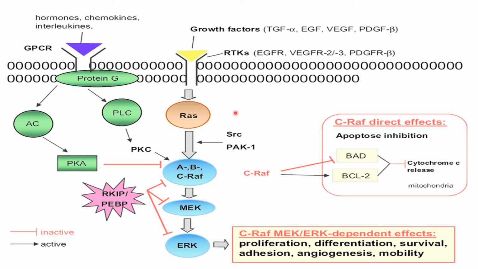One of the cascade of activation of this RAS protein is shown here. For example, growth factors like TGF, which means tumor growth factor alpha, and EGF, epidermal growth factor, and many other factors bind to the tyrosine kinase receptor.